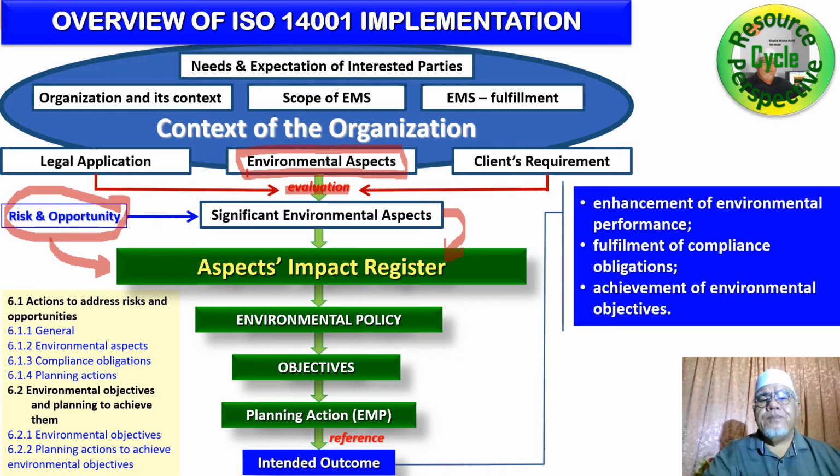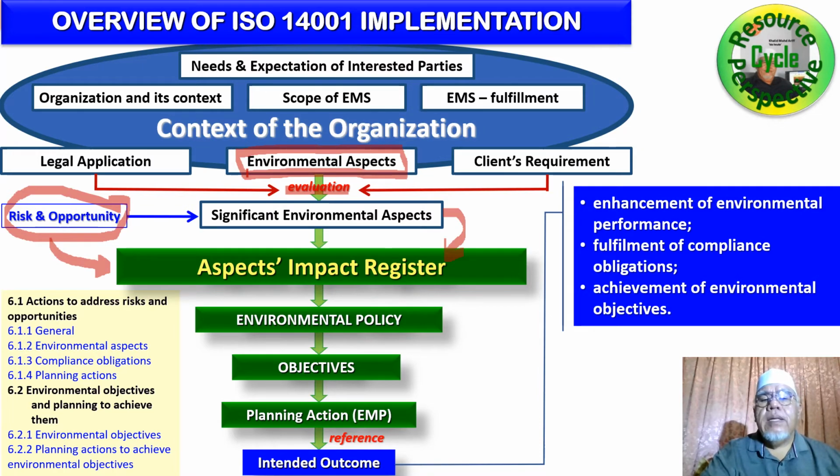Once that is done, the company knows its position in terms of environmental management. What are crucial issues? What are important issues? What are legal issues? And all the environmental aspects that they subscribe to are all listed with an accurate evaluation, and they know which environmental aspects cause significant environmental impact.